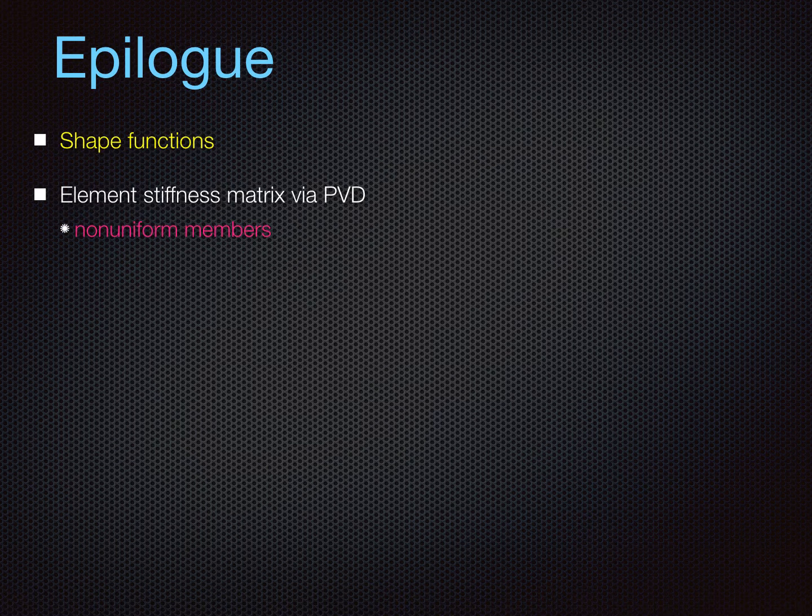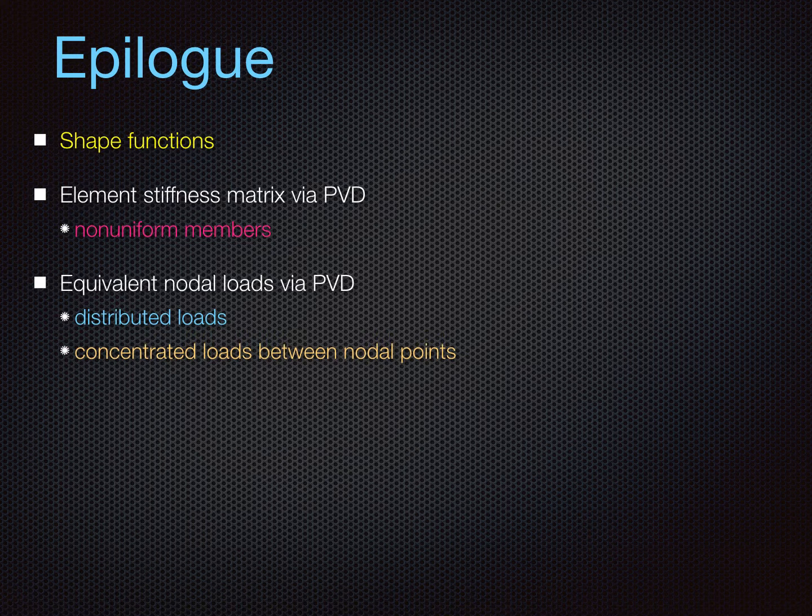We have exercised that same principle to obtain the element stiffness matrix, for example, for non-uniform members. We've also discussed the equivalent nodal loads using the principle of virtual displacements. We've considered distributed loads, concentrated loads between nodal points, as well as thermally induced initial strains. And this concludes our lecture on the principle of virtual displacements.